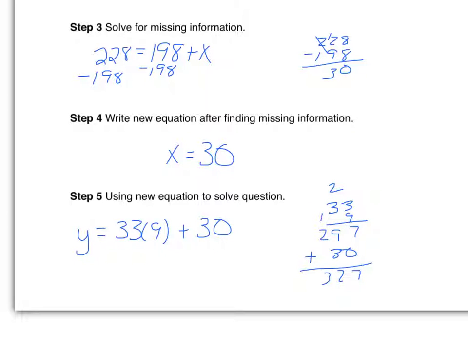So our total cost after 9 months should be $327. Again, I kind of did all that work over here. But that's essentially how we would set up a story problem in this section.